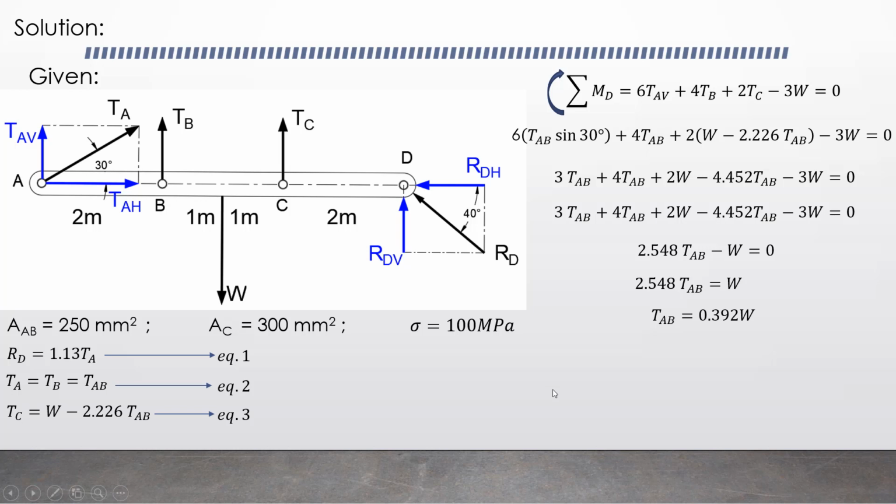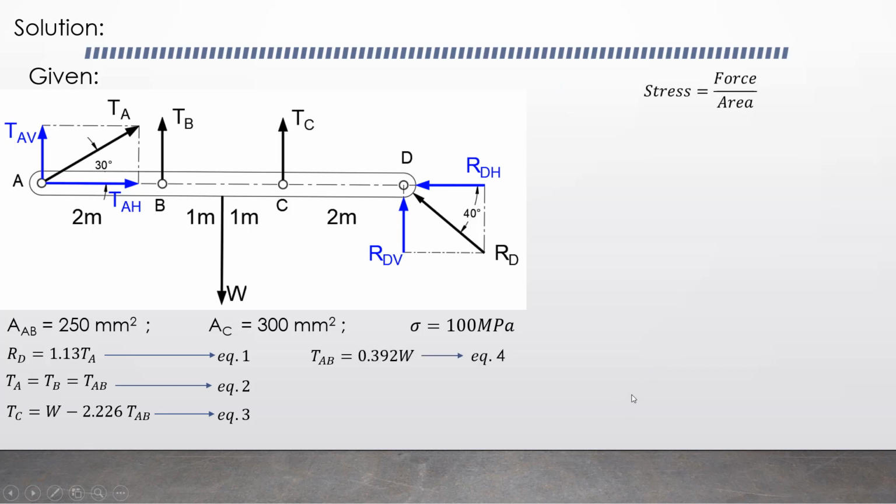We can get the value of W using the stress equation. Considering the cable AB, the force is equal to the tension AB, and then the area of AB. Considering that, we just substitute the values from the given.